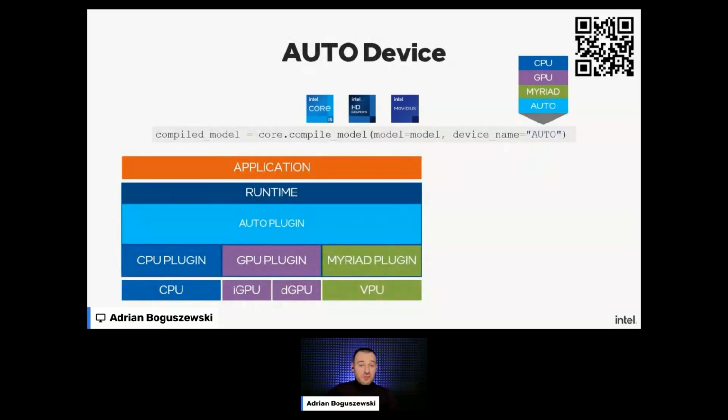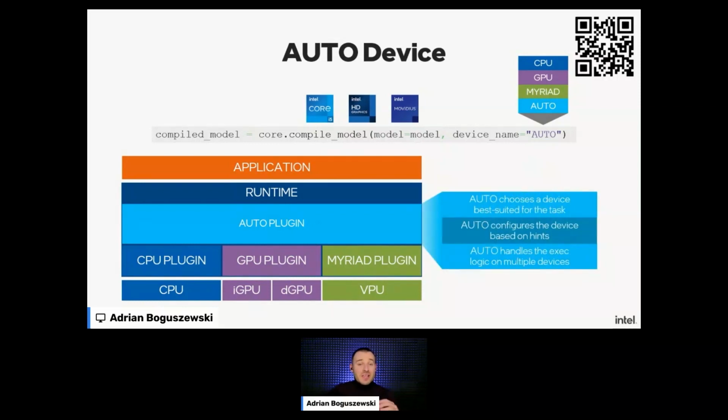And Auto is a virtual device, a special kind of device that will select the best physical device for you, configure it based on your hints, and handle execution logic for multiple devices. So this is the recommended way.